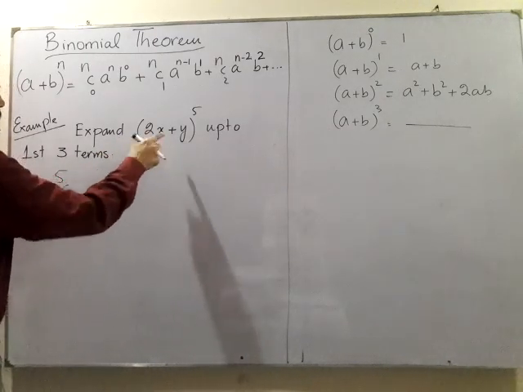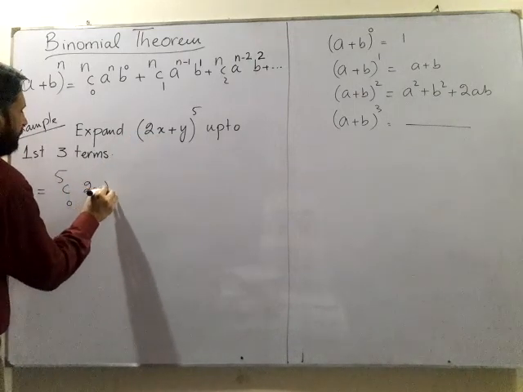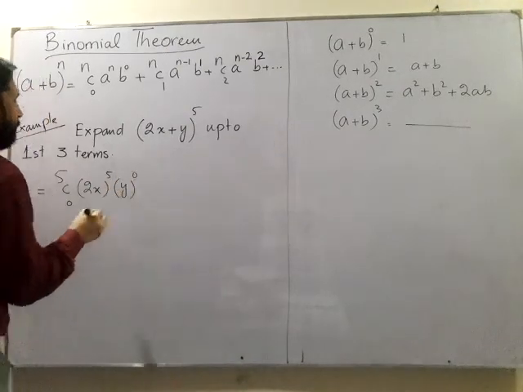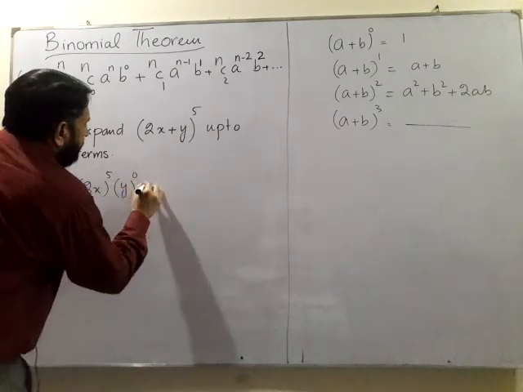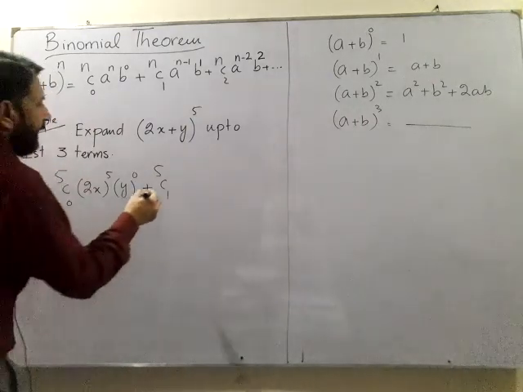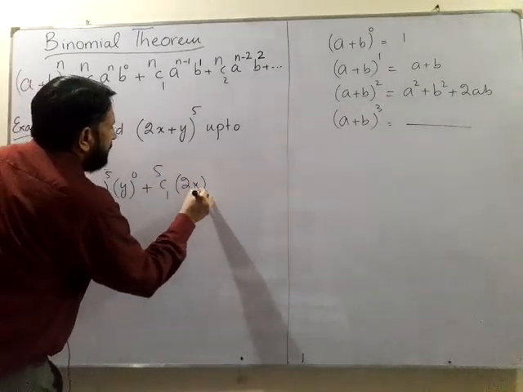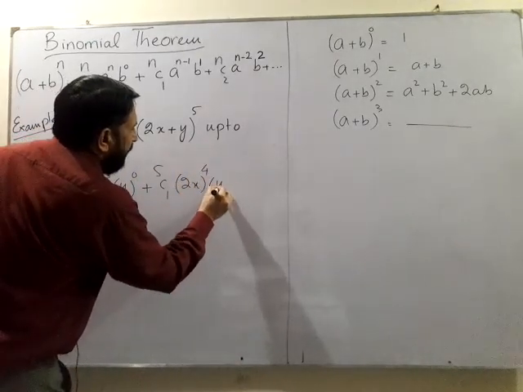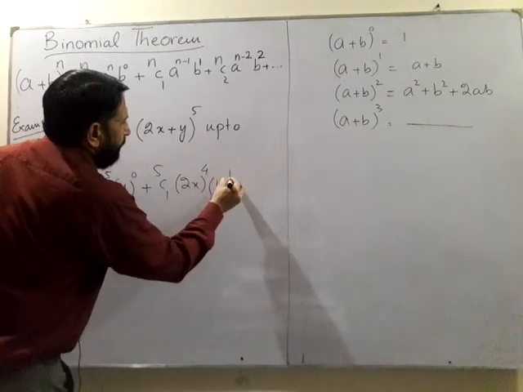First, a is 2x, so (2x)^5, which is maximum, and y^0, which is minimum. Then 5C1, since we have to go to three terms, this is the second term: 2x with 1 less than this becomes 4, and y power 1 more becomes 1.